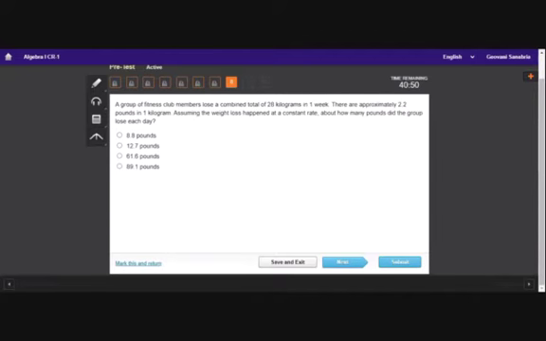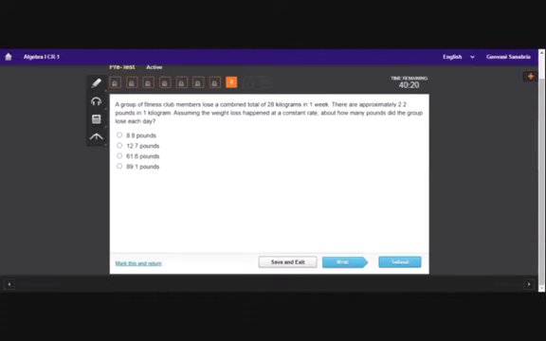Yeah, so I got 12.7 if you just divide the 28 kilograms. So that would be saying how many 2.2s fit into 28. But it says 28 kilograms, and you're converting that to pounds. Approximately 2.2 pounds.